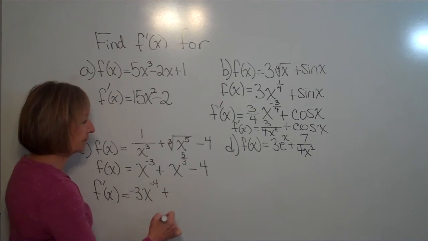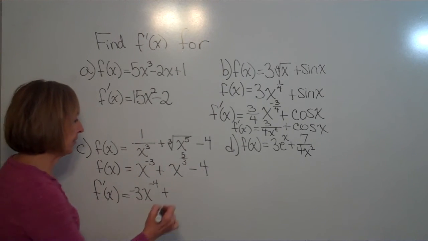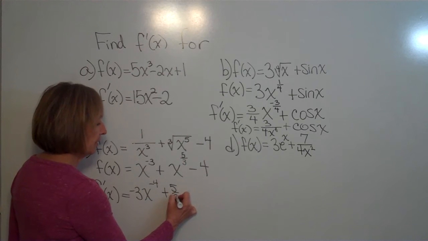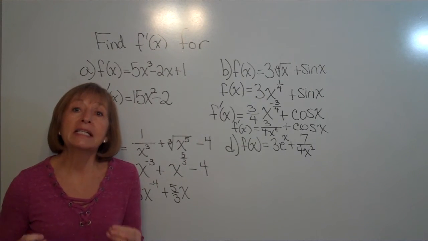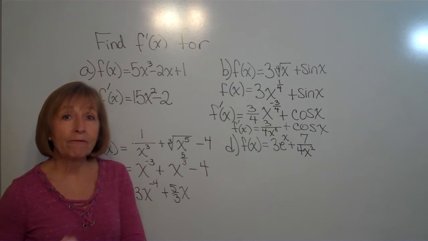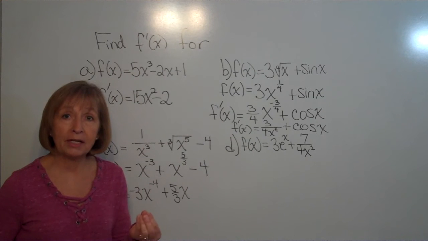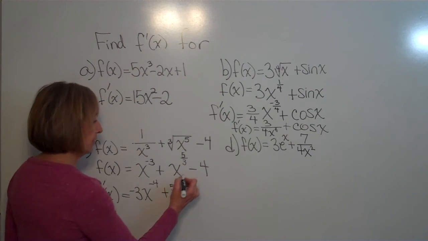And then plus, letter base to rational number exponent, I bring down the exponent 5/3, keep the base of x, subtract 1 from the exponent. What is 5/3 subtract 1? Well, 5/3 subtract 1 is 5/3 subtract 3/3, which is 2/3.